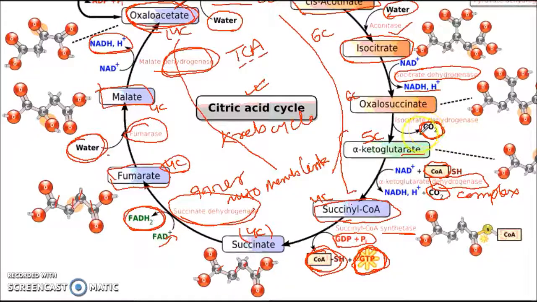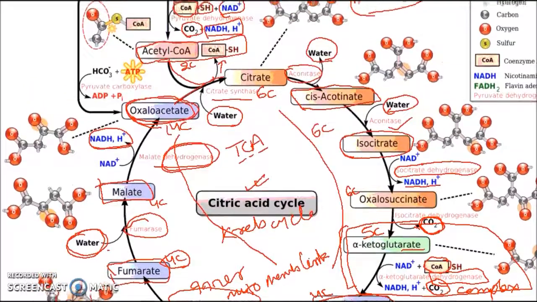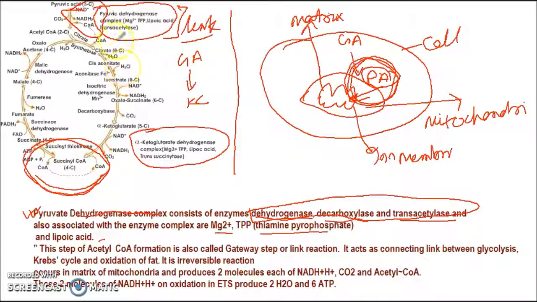Here there is only one 5 carbon compound. This is a complex reaction, a gateway, and another gateway is the link, the conversion of pyruvate to the 2 carbon compound acetyl coenzyme A. So all we have to know is that, starting from oxaloacetic acid, the cycle continues, and here is one complex reaction, and here is also one complex reaction.